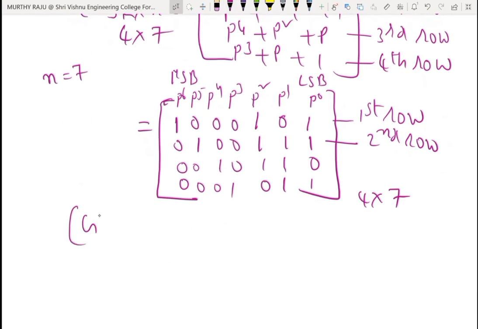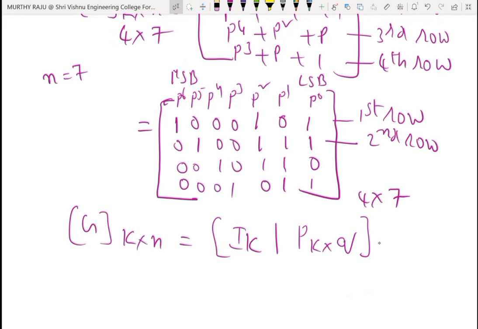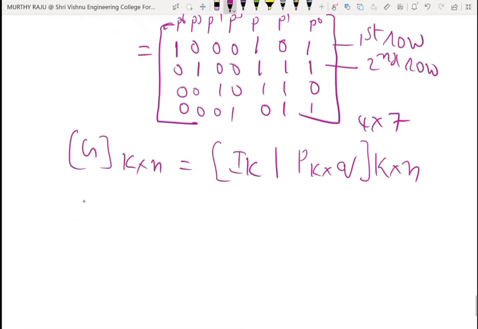Generally, the generator matrix representation K cross N is equal to I_K, P K cross Q, and the total is K cross N. In the (7,4) cyclic code, the generator matrix dimension is 4 cross 7.